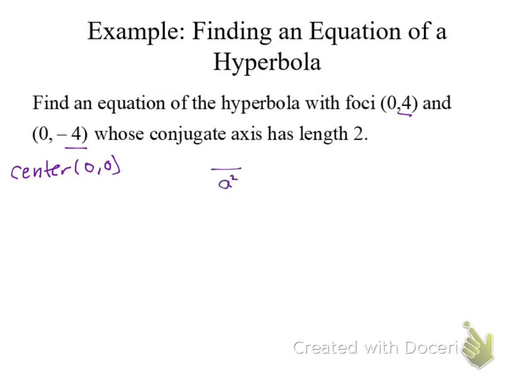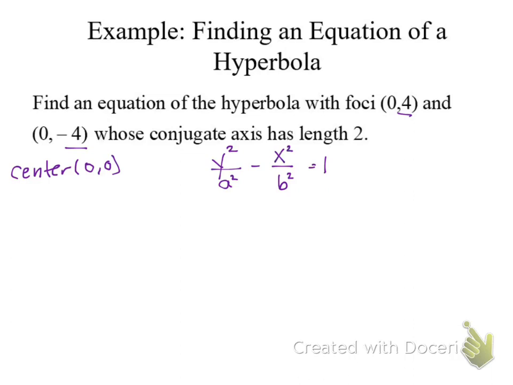So I would have a squared minus b squared equals 1. Okay, so the foci go in the direction with a, but notice that it's the y value that changed this time instead of the x, like in the last example when we wrote up my two foci. And so because of that, this one's major direction is going to be y squared, and I'd have x squared for b.